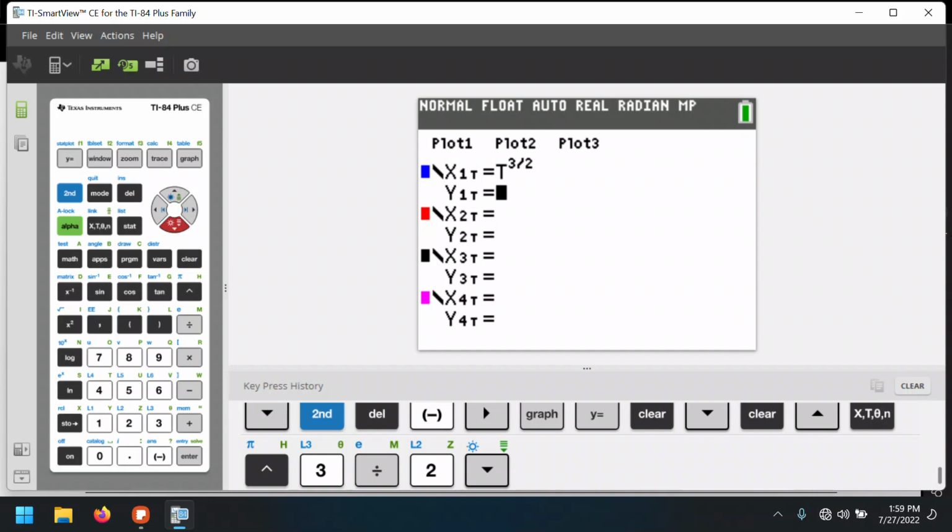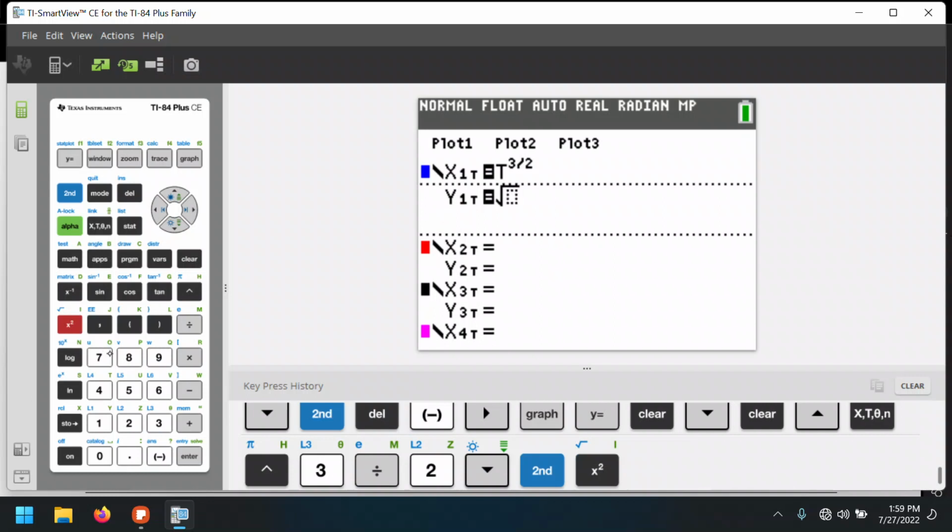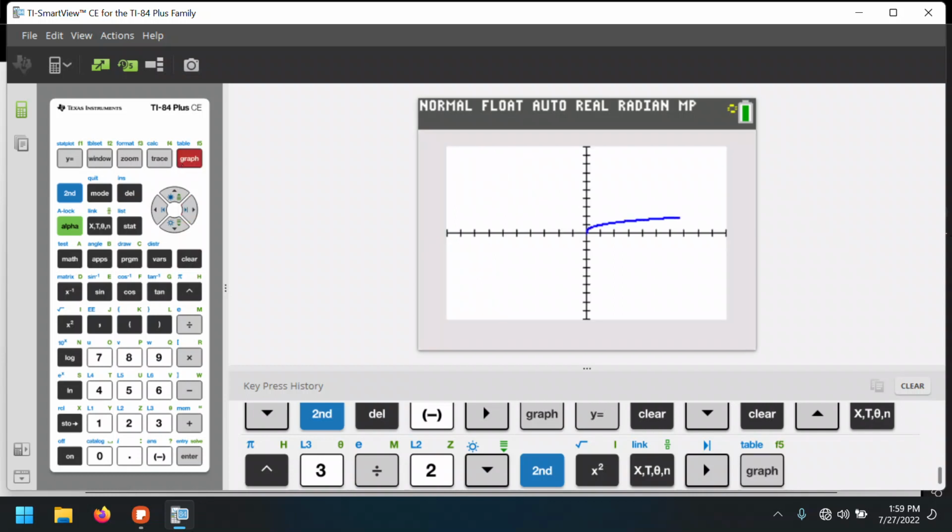And the second is y equal to the square root of t. Second, square root of t. All right. Let's see. Okay, let's graph. But again, don't blink. And it's going to go from left to right.